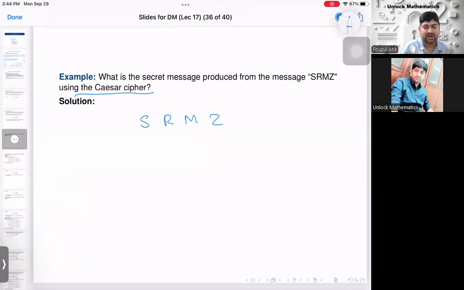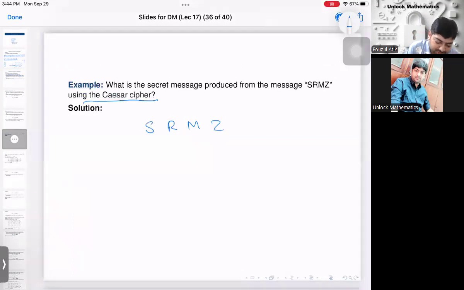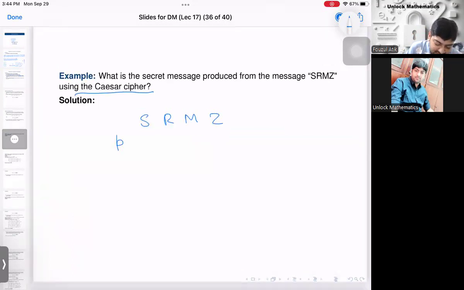But you should know how this encryption method works, so that when you want to create a complicated message, you can do that also. I'm just showing you the process of this encryption method. So the p value first you have to calculate, and then the f(p) value. f(p) value is p plus 3 modulo 26.